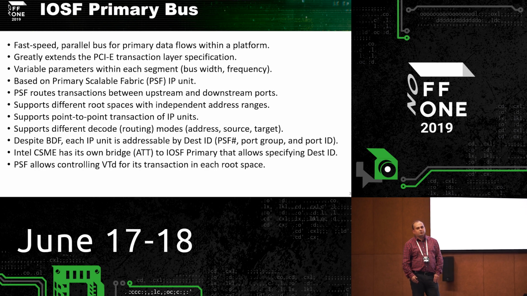It's a much more flexible way than just address-based routing, where I want to read this address and I don't know which device it belongs to. Here, it is clearly indicated which device and which port this transaction should belong to. Also, this routing mode can be used to instruct the fabric to define the device itself.